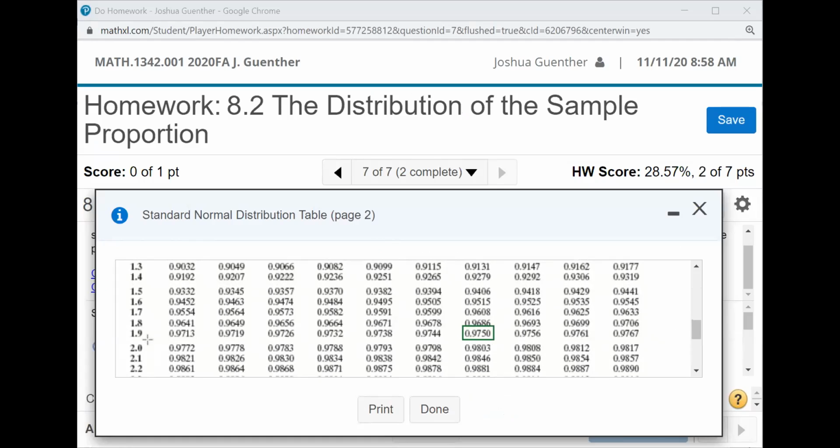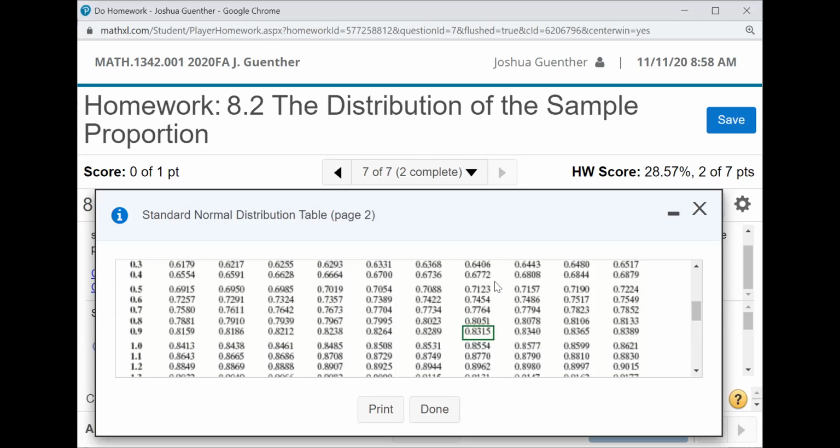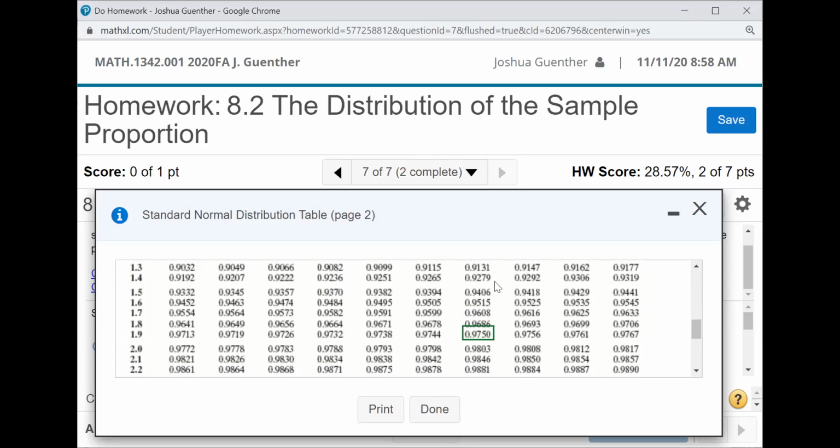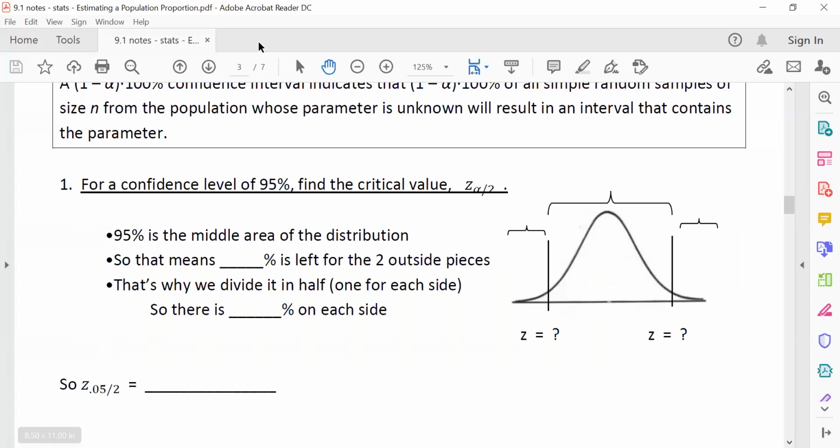And that translates to a Z-score of 1.96. So the Z-score that we're going to use here is 1.96, and that's the Z-score that goes into our calculation. Once you figure that one out, that's actually the hardest part. Then it's just plugging things into a formula, using your calculator, and so on.